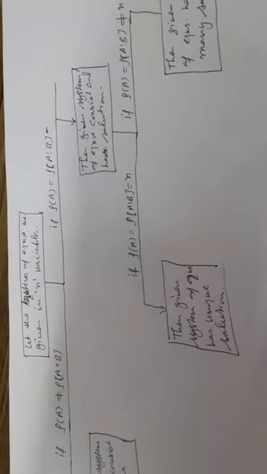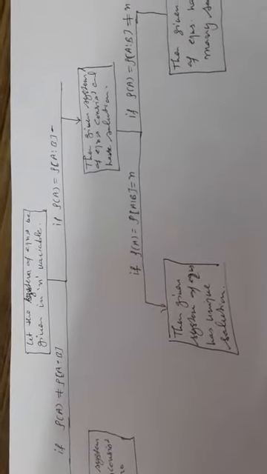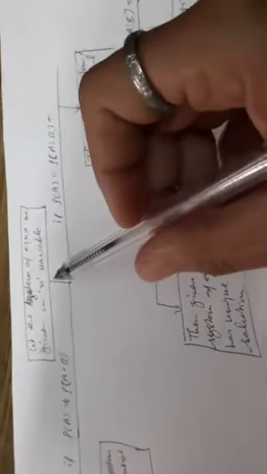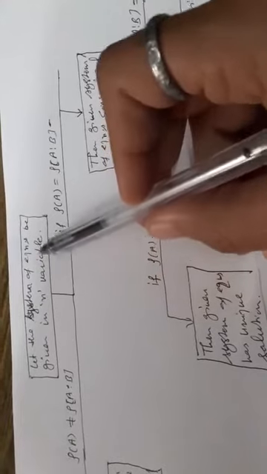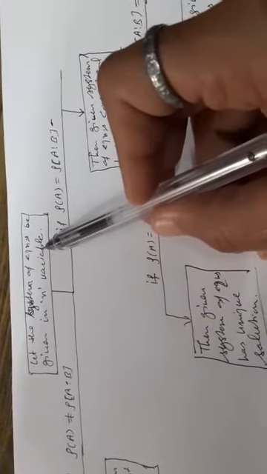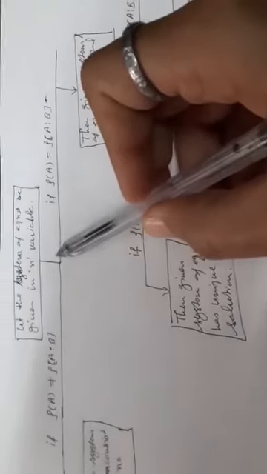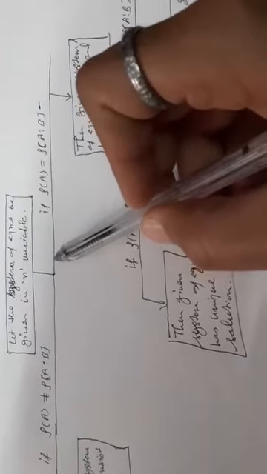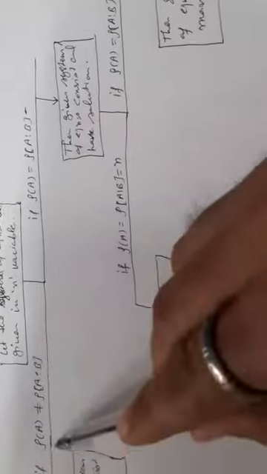Now let us understand this with a diagram. To understand the working rule we have a diagram. Let the given system of equations be in n variables. After finding the rank of A and the rank of A augmented B, first we check whether their ranks are equal or unequal.